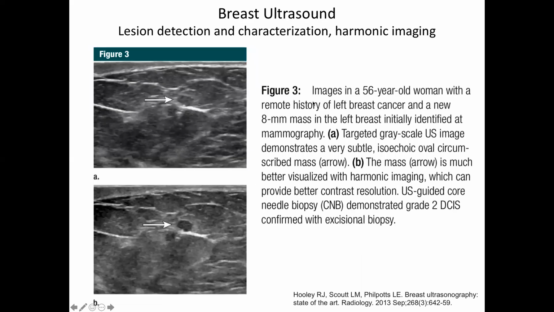This is an example of that mode of ultrasound that we discussed called harmonic imaging, where instead of making the picture from the primary frequency that's reflected, you Fourier transform the data coming back and you look at a higher frequency that is reflected.